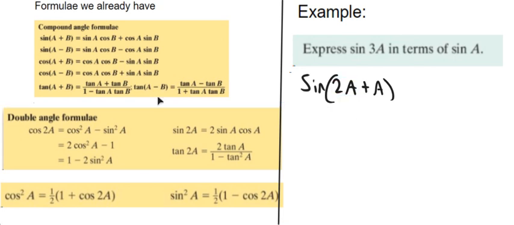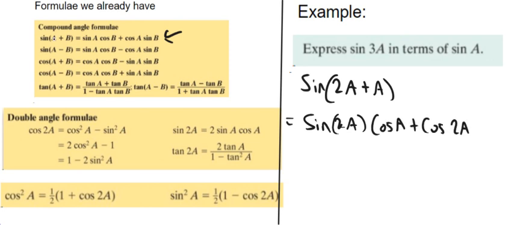So sin of something plus something, we're going to use this formula, the very first one over there. So we know that that is equal to sin of 2a cos of a plus cos of 2a sin of a. So just using that formula there.